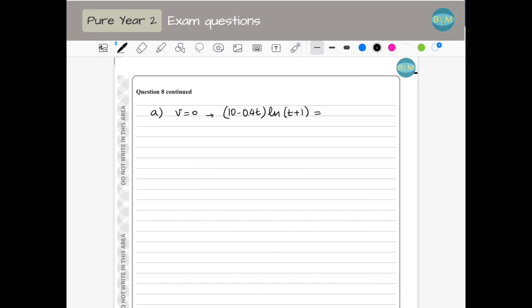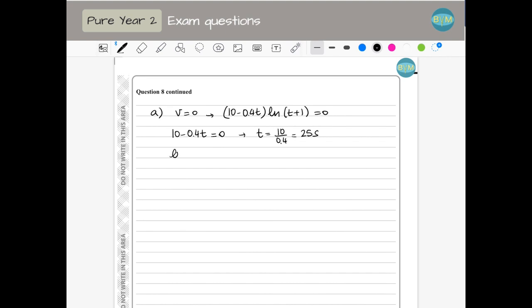I have two factors. The first one, 10 minus 0.4t, is 0 when t is 10 divided by 0.4, or 25 seconds.